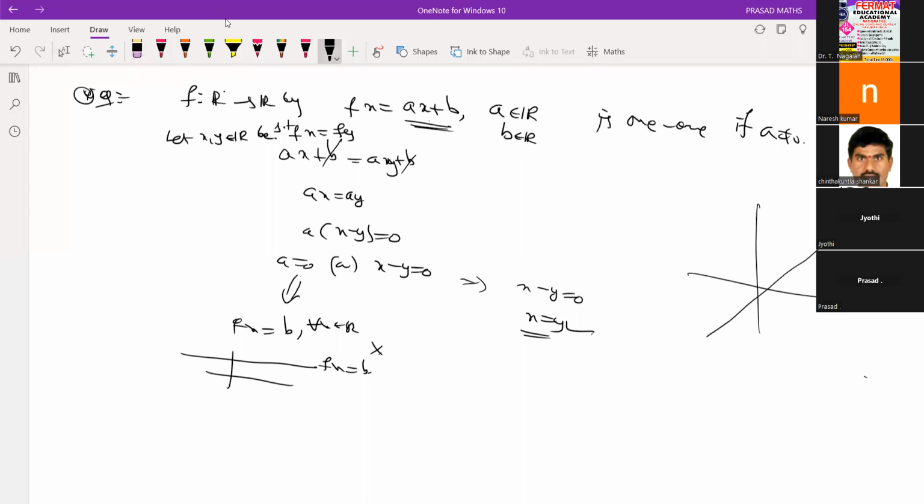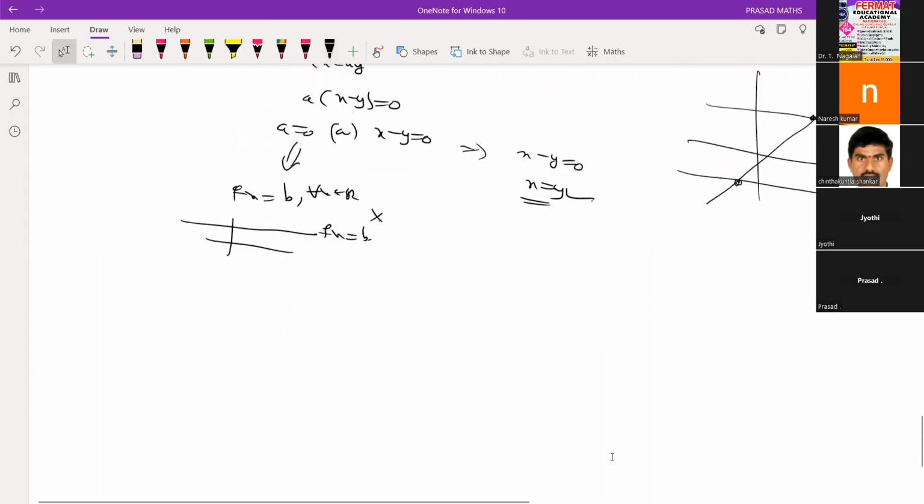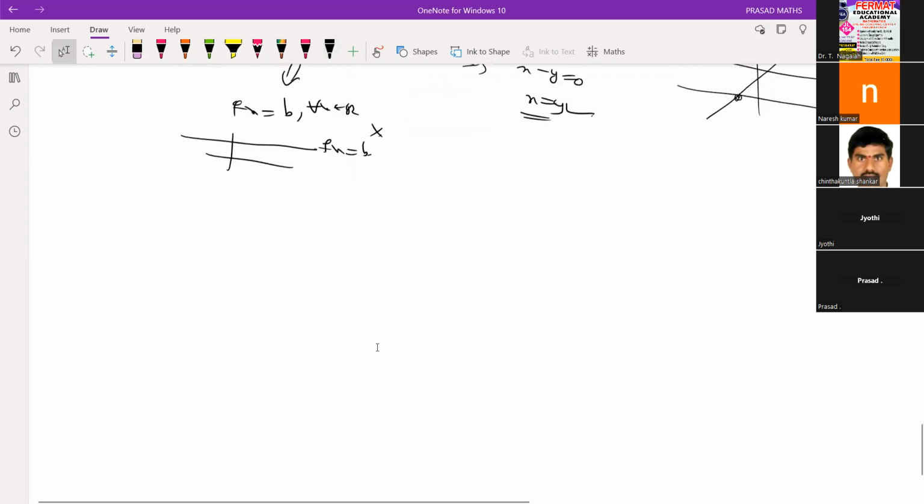Without loss of generality, assume a line which has a positive slope. Any line drawn parallel to the x-axis meets at exactly 1 point, so at least 1 point. Therefore, it is both 1-1 as well as onto, if a is non-zero. If a equals 0, is it onto? No, because it's a constant function.